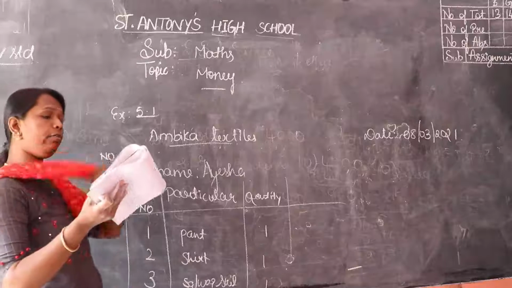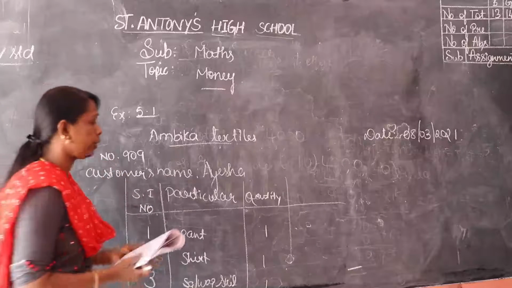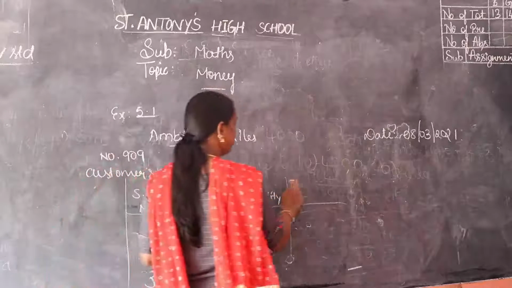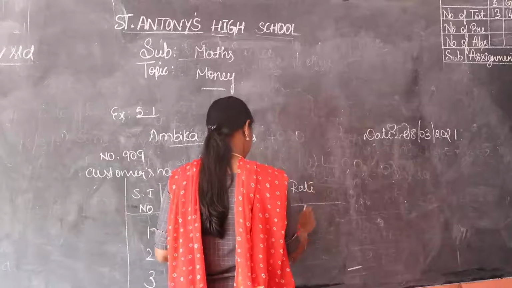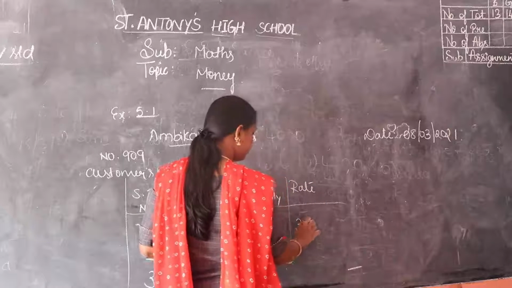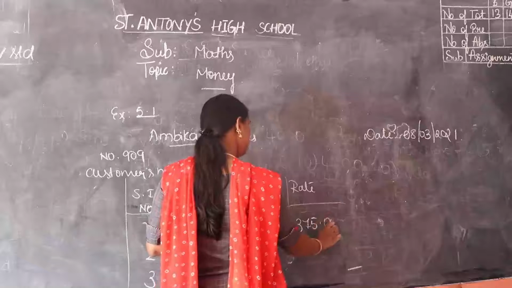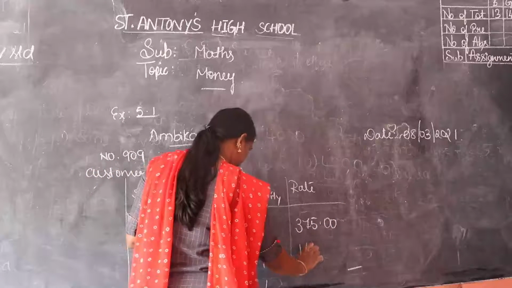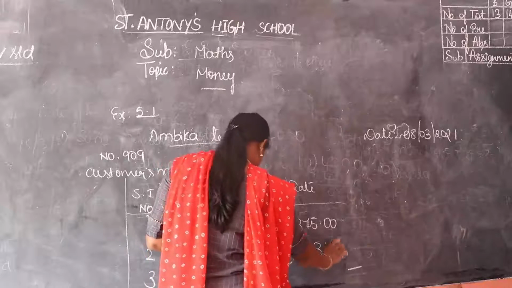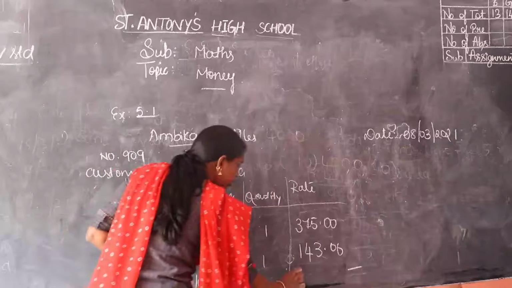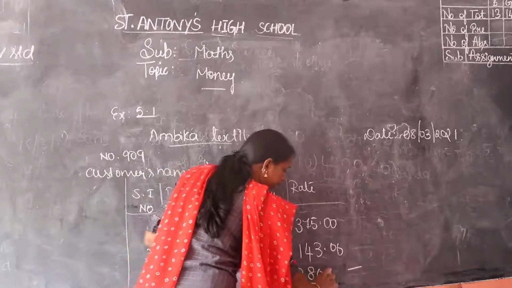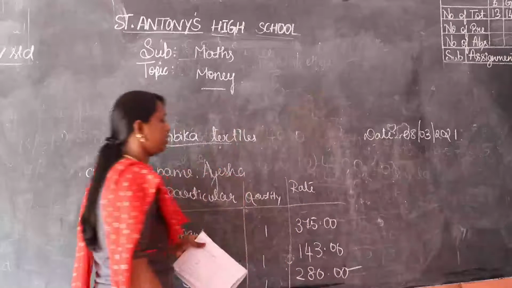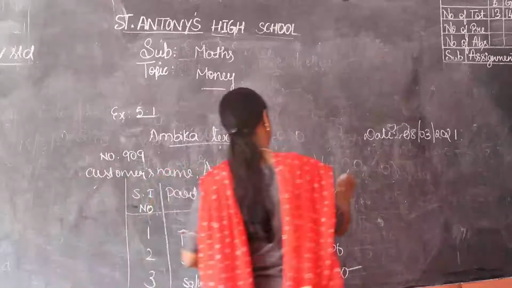And then write down the quantity for each one. So rate: 375 for the pant. Next, for shirt 143. For salwar suit 220. So now we have to count the total amount here.